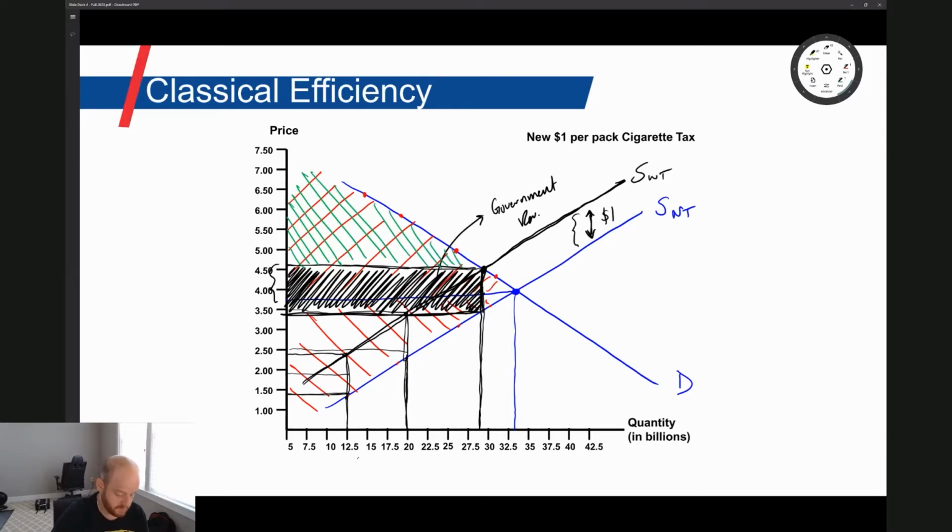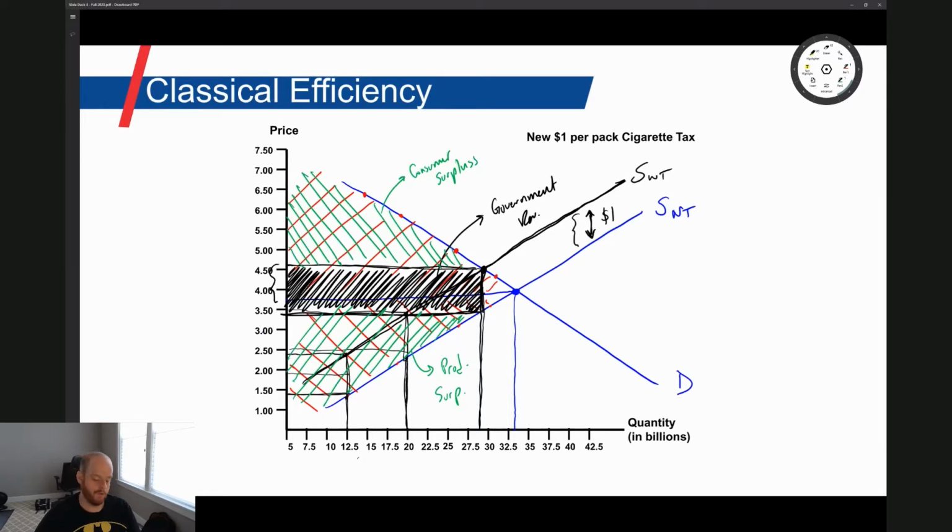Previously it was the red diagonals, now it is the green diagonals. So this is consumer surplus, which decreases, so less benefits are accruing to the consumers, and similarly less benefits are accruing to the producers. So this is the new area of producer surplus, and it is also smaller than the previous area of producer surplus.